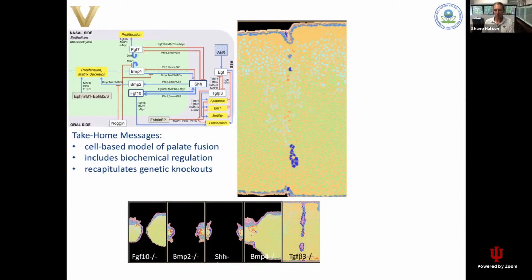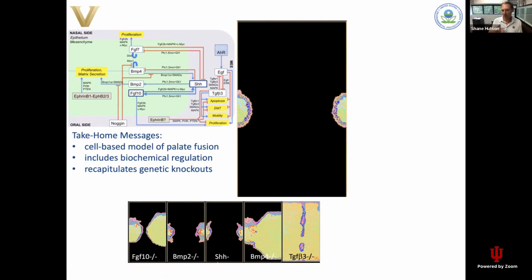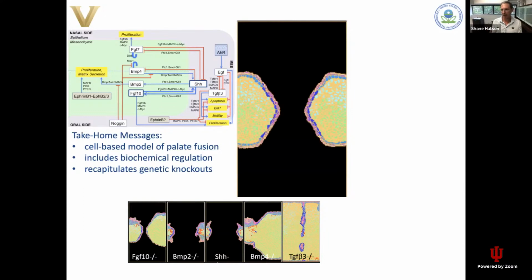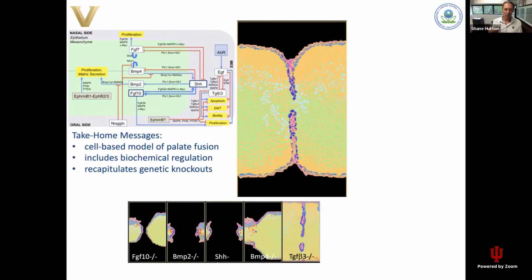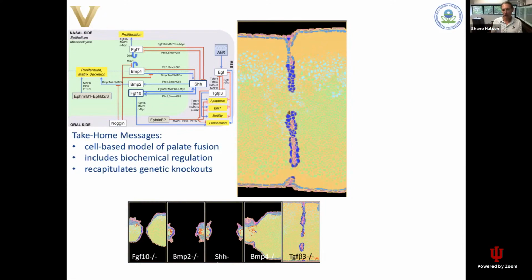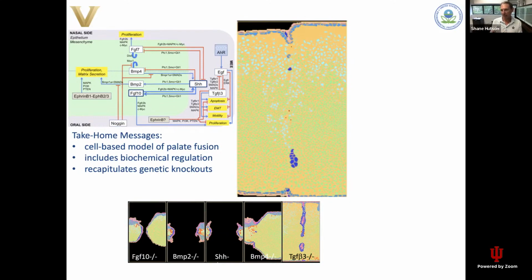One of the important things we had in terms of matching this to experiments, right? How do we know that there's some ground truth to it? One is just the timing of all the events and getting them right, but then recapitulating genetic knockouts, that we can go in and modify a line in the code that would mimic knocking out, for example, Sonic Hedgehog, SHH, or BMP4, and that we would get an in silico phenotype that matches up with what you see in the actual organism.